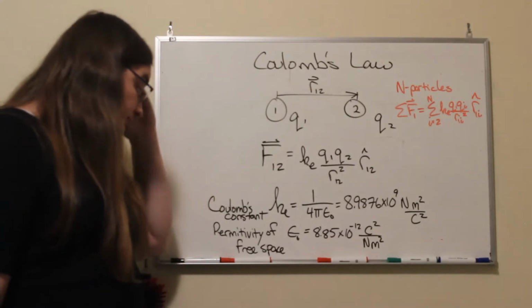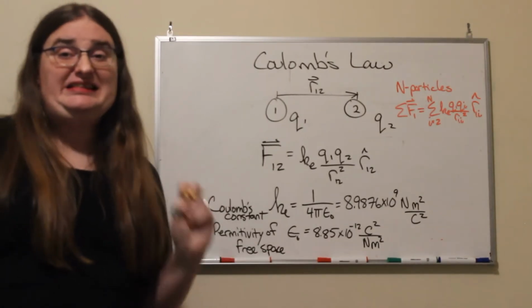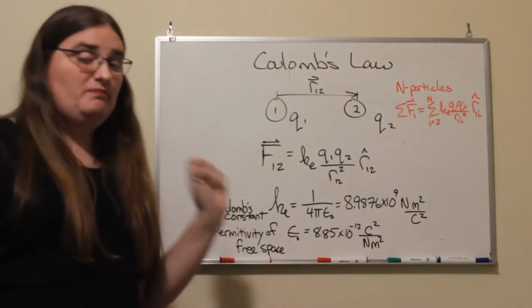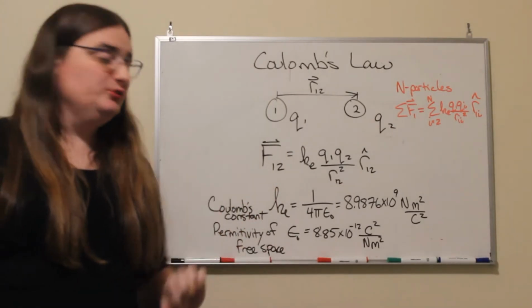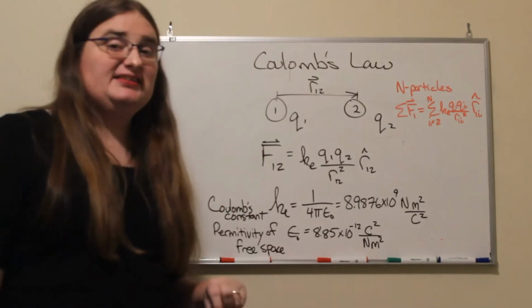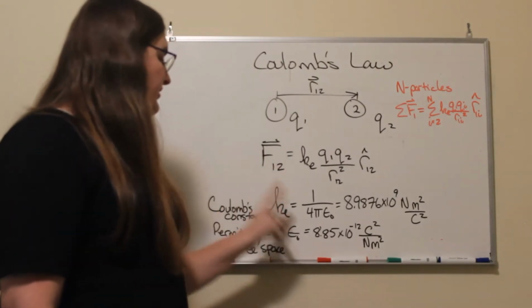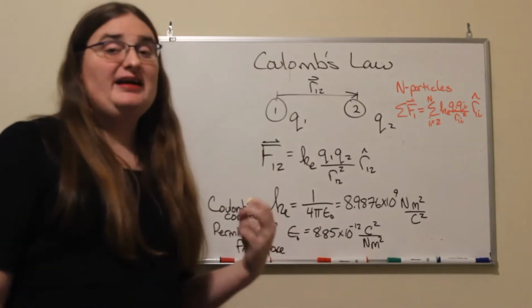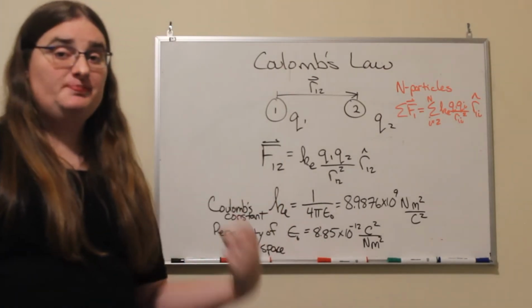Now, Coulomb's constant is itself made of other constants. In more modern structures of physical constants, Coulomb's constant is equal to 1 divided by 4 pi and a quantity epsilon naught that we call the permittivity of free space.